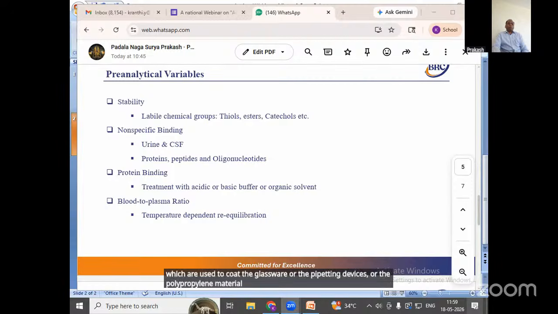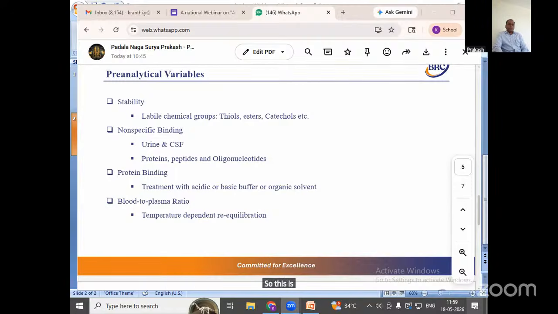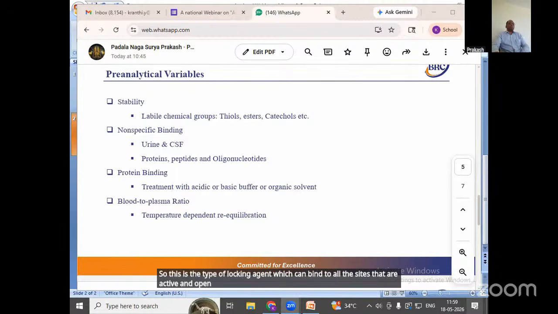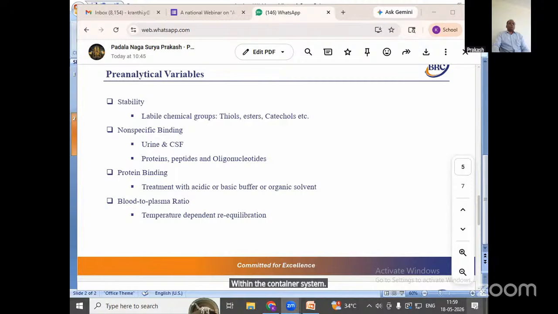There is also something called BSA, bovine serum albumin, which is a type of blocking agent that can bind to all the active and open sites within the container system. These are some of the strategies which can be used to mitigate NSB.